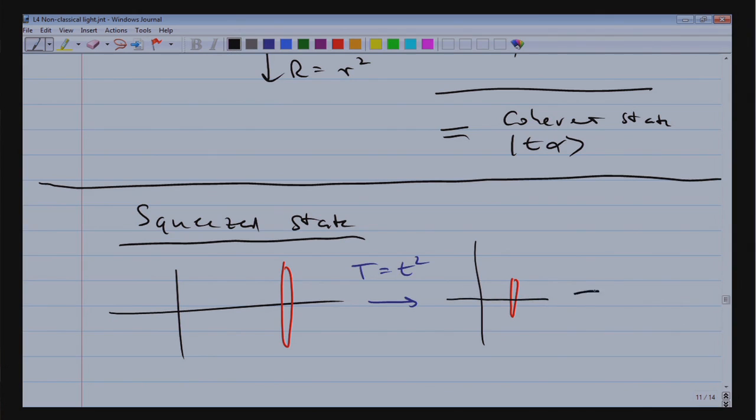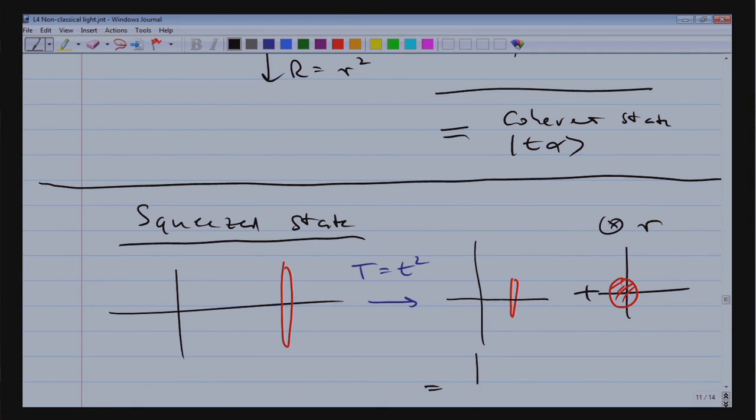But the really bad thing is that, multiplied with the reflection coefficient, you couple in the vacuum. Oops, I want to change to red. And as a result, since the noise in the vacuum is equal in both quadrature components, you've worked so hard to squeeze it, to make it asymmetric.